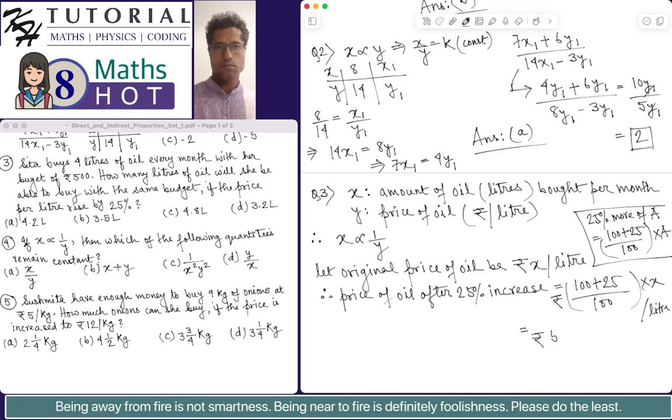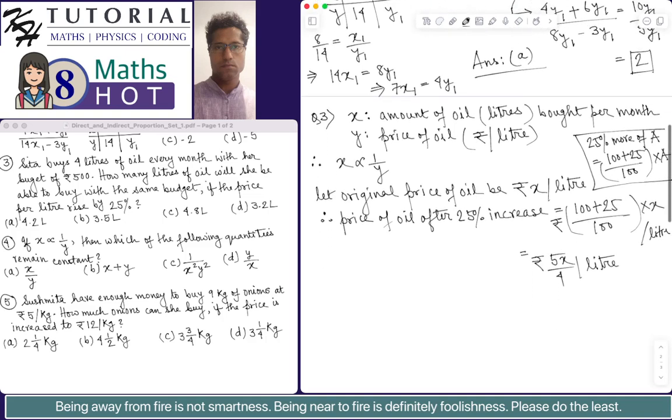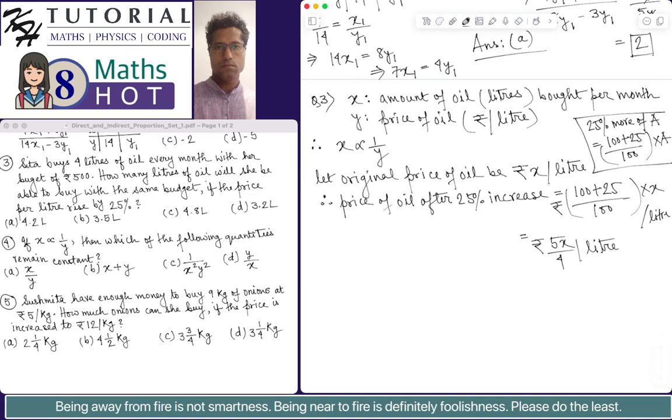So this will be 5x by 4 per liter. This is the cost of the oil per liter after a 25% increase. Okay, now let's create the table.